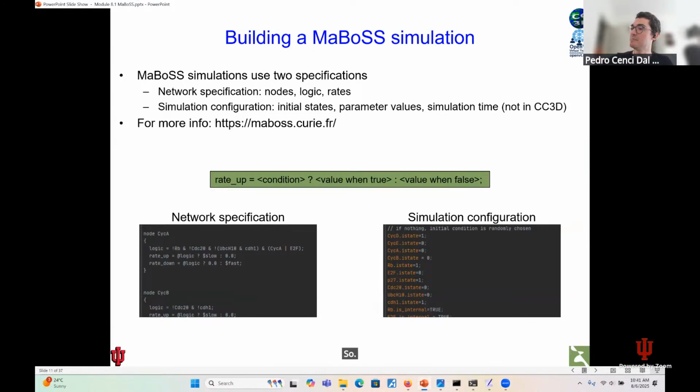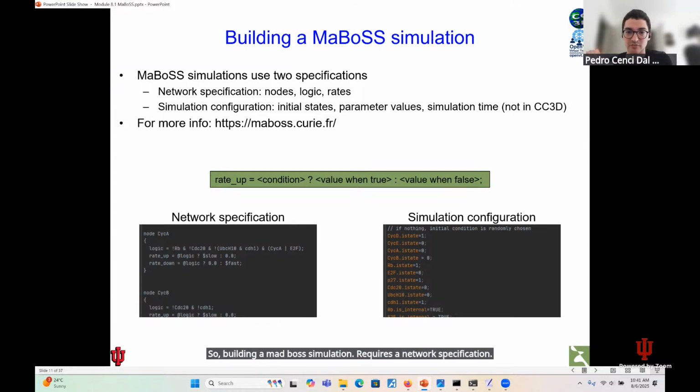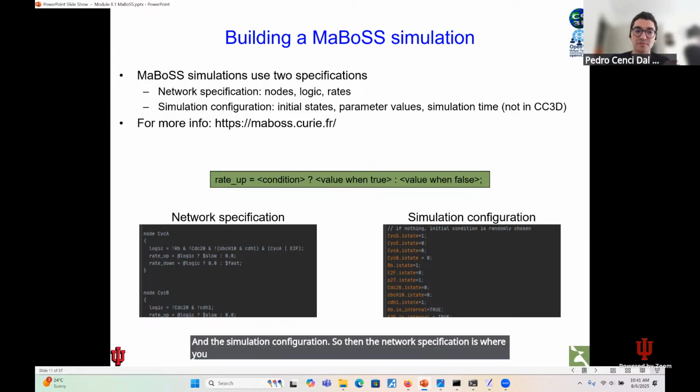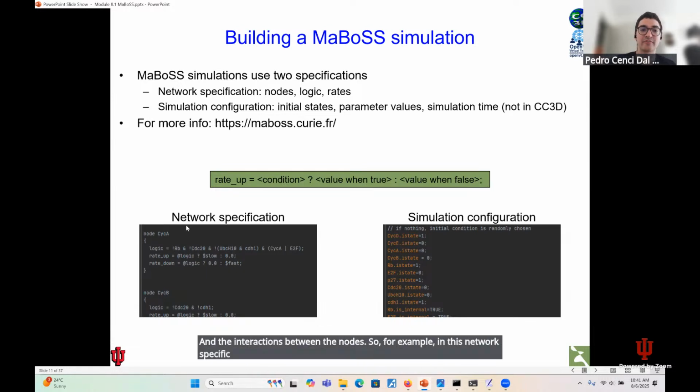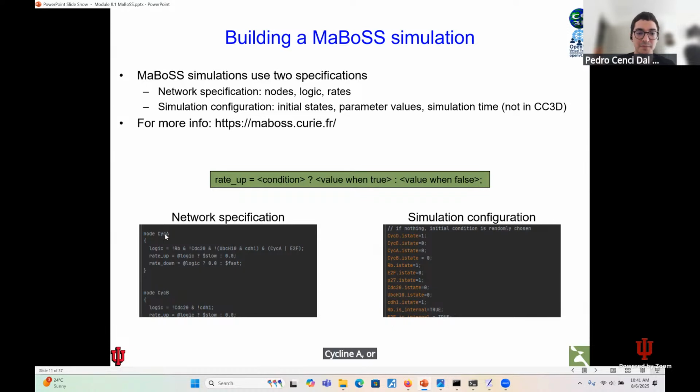So building a MaBoSS simulation requires a network specification and a simulation configuration. The network specification is where you set the nodes and the interactions between the nodes. So for example, in this network specification, we have a node cyclin A, or CYCA.